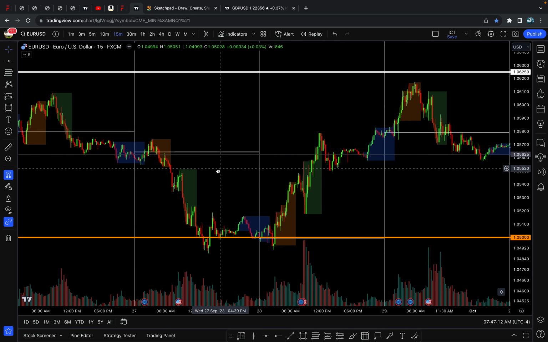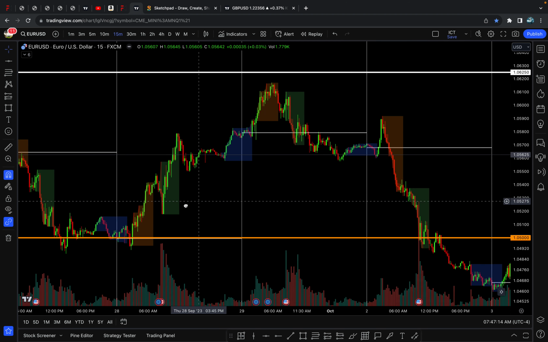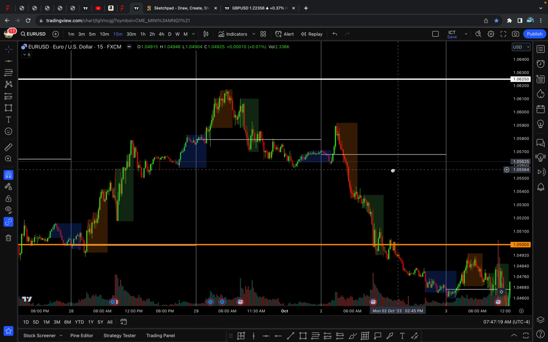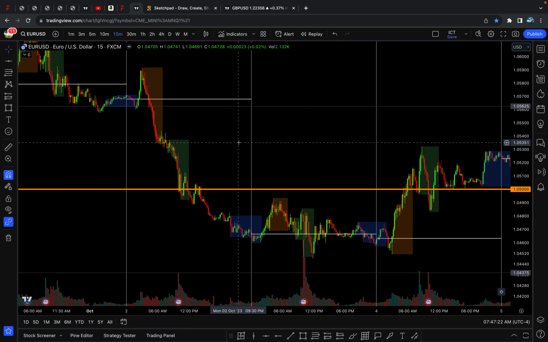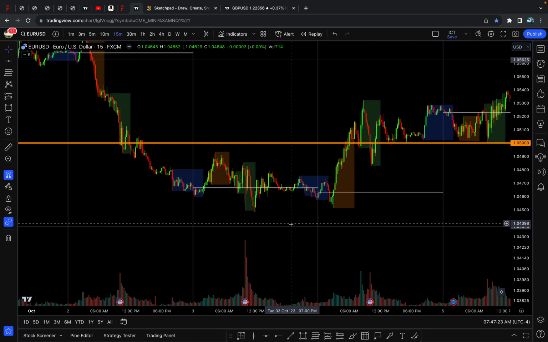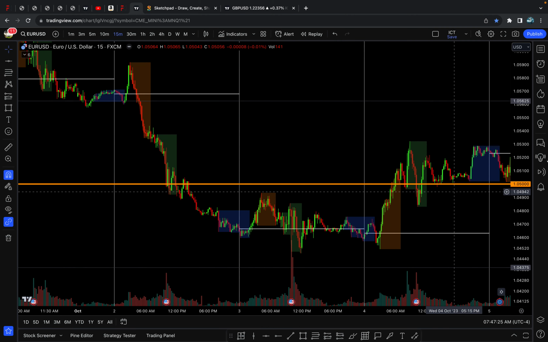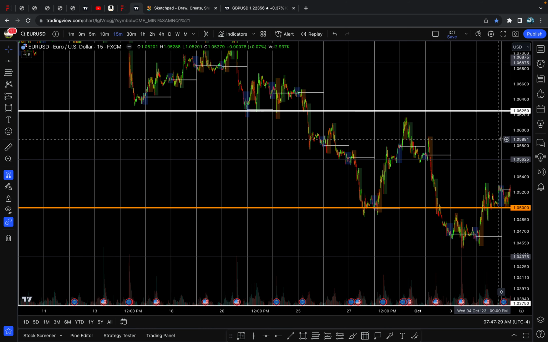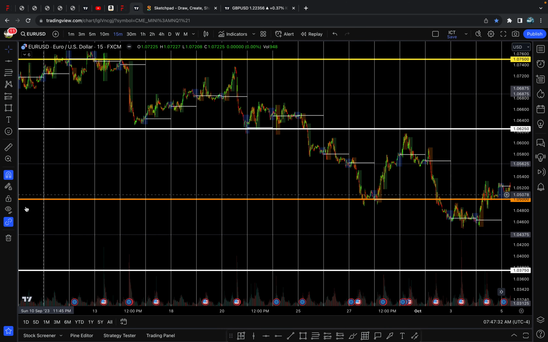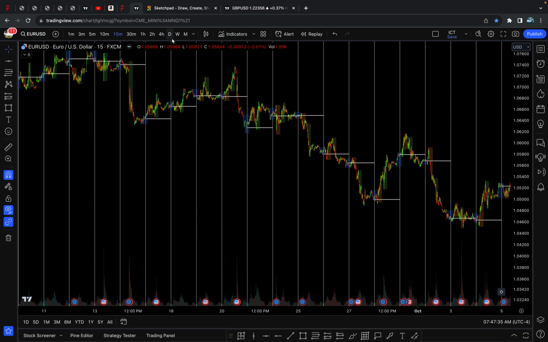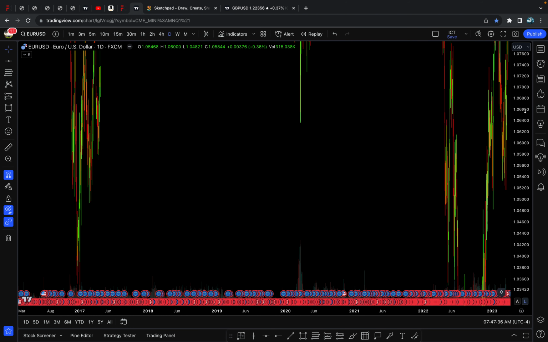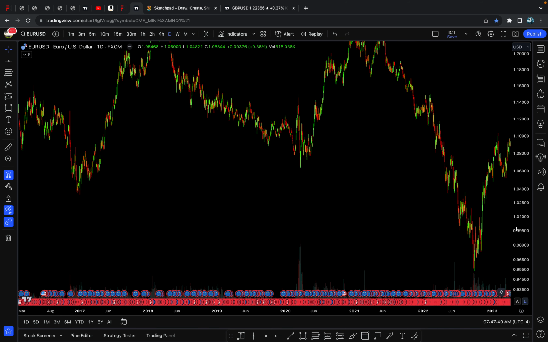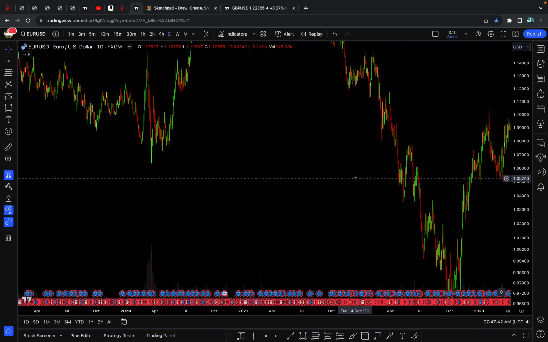But I find it to be close enough for my purposes. These little micro levels can be helpful, because you see price reacting off of them all the time. There are other ways. You could take all these levels off and go to the daily, and you could find other ways to find key levels. This is not the only way, but this is just a way.